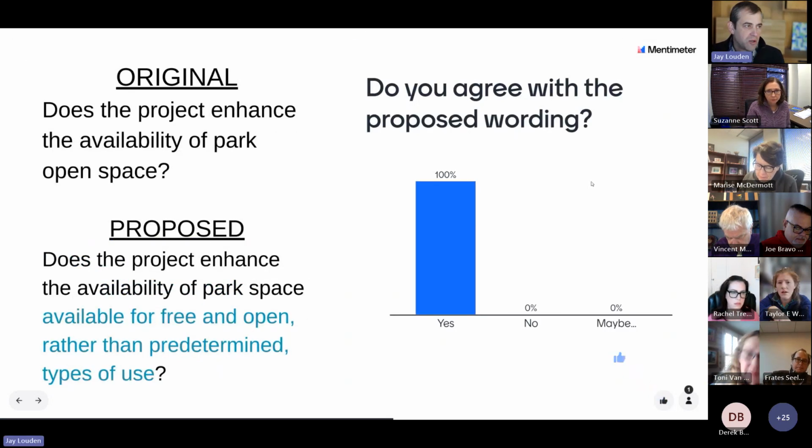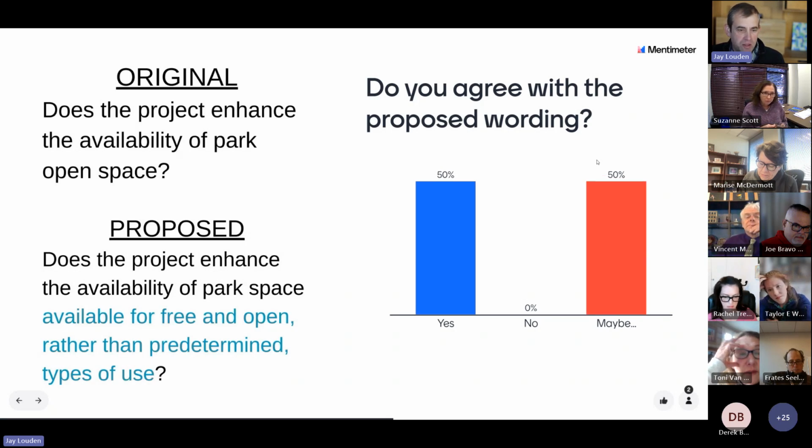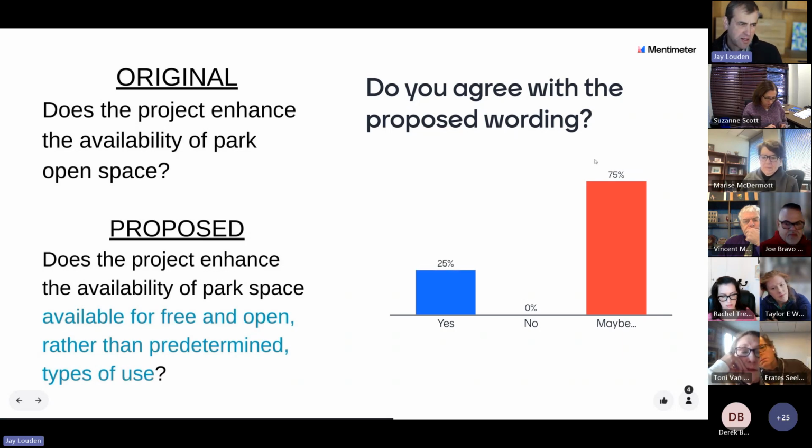Okay. Original: does the project enhance the availability of park open space? And proposed: does the project enhance the availability of park space available for free and open rather than predetermined types of use? So this one, people really didn't understand what park open space meant. And we're generally interpreting it as something like a big lawn.